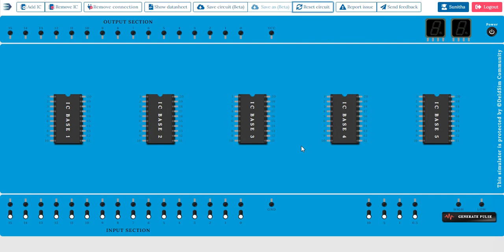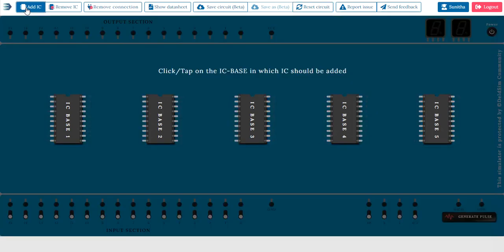But for clear monitoring and viewing, I am going to connect the 3 JK flip-flops in IC bases 1, 3 and 5, and 2 AND gates will be connected to IC bases 2 and 4. Let's add an IC.